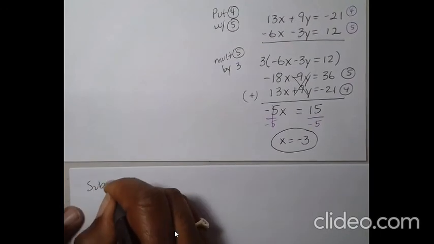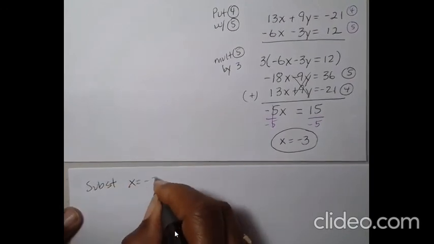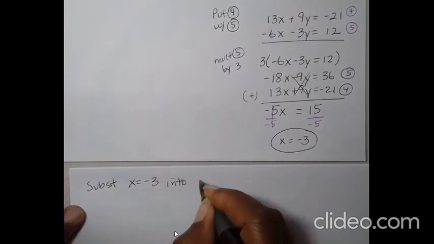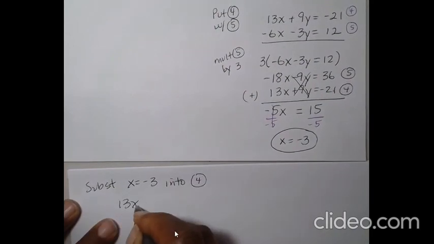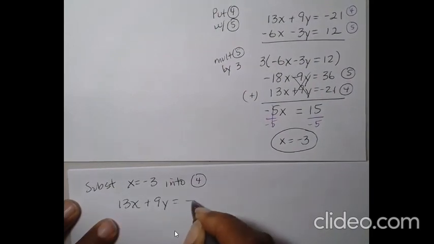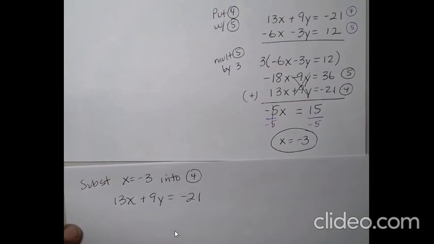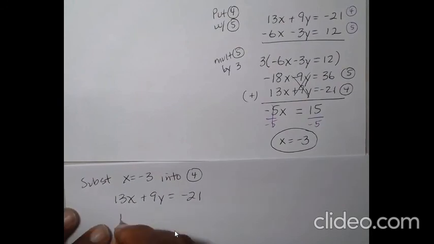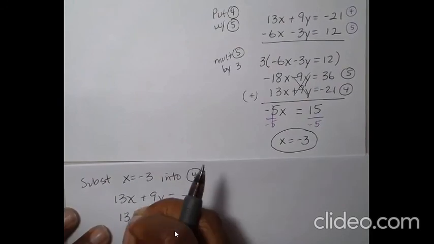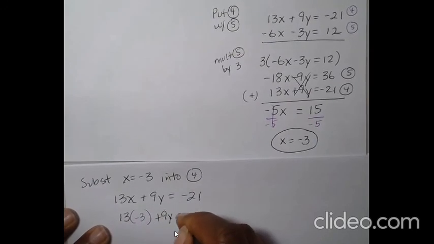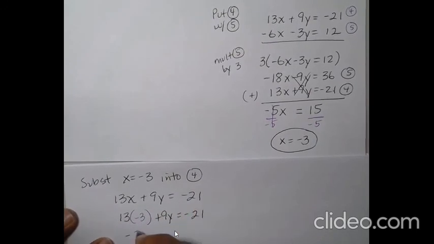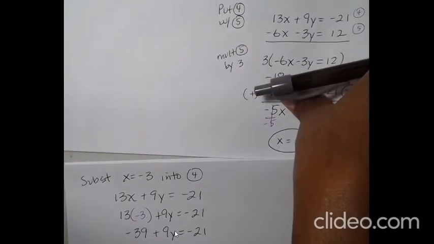Substitute x equals negative 3 into equation 4. Equation 4 is 13x plus 9y equals negative 21. So we've got 13 times negative 3 plus 9y equals negative 21. So this is negative 39 plus 9y equals negative 21.